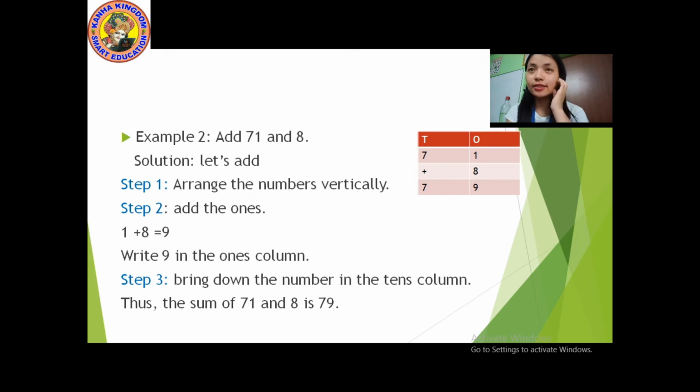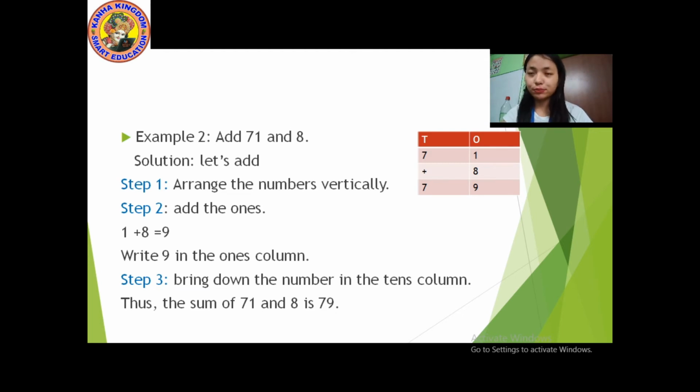We will add these two numbers together. Solution: the first step is arrange the numbers vertically. First we make a place value chart of ones and tens, only two columns, one for ones and the second for tens.